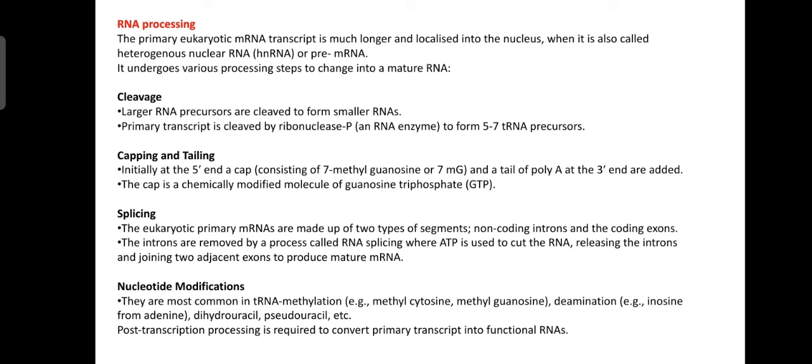Then the last RNA processing is nucleotide modification. These are most common in tRNA: methylation, such as methyl guanosine, and deamination, for example inosine from adenine, dihydrouracil, and pseudouracil, which you will be familiar with from the tRNA molecule. Post-transcriptional processing is also required to convert the primary transcript to a functional RNA. So these are the RNA processing steps to convert the primary transcript into mature mRNA.